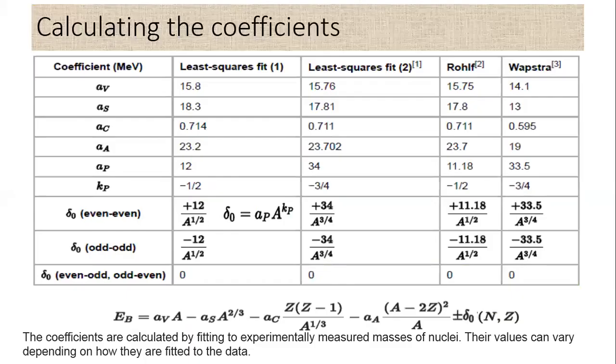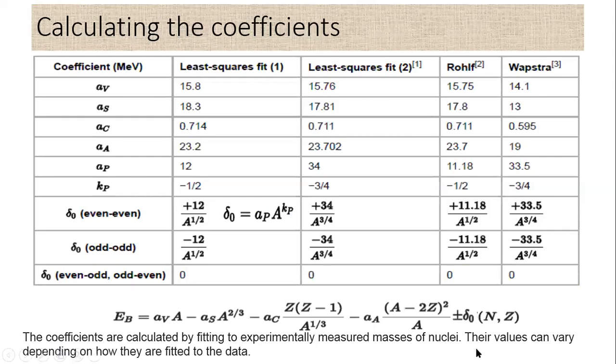So first is how you can calculate the coefficient or the constant for all the different terms we have explained in the previous slides. Actually these coefficients are calculated by fitting to experimentally measured masses of nuclei.